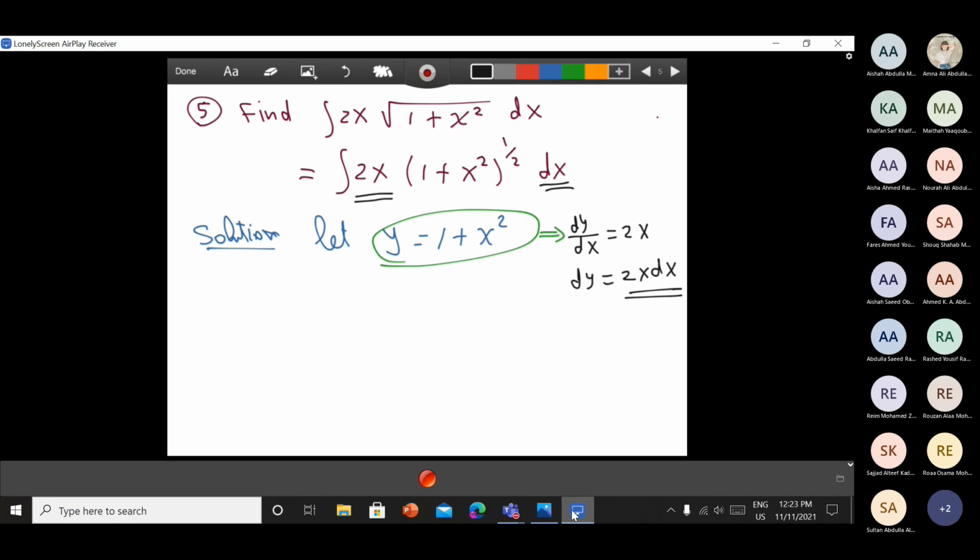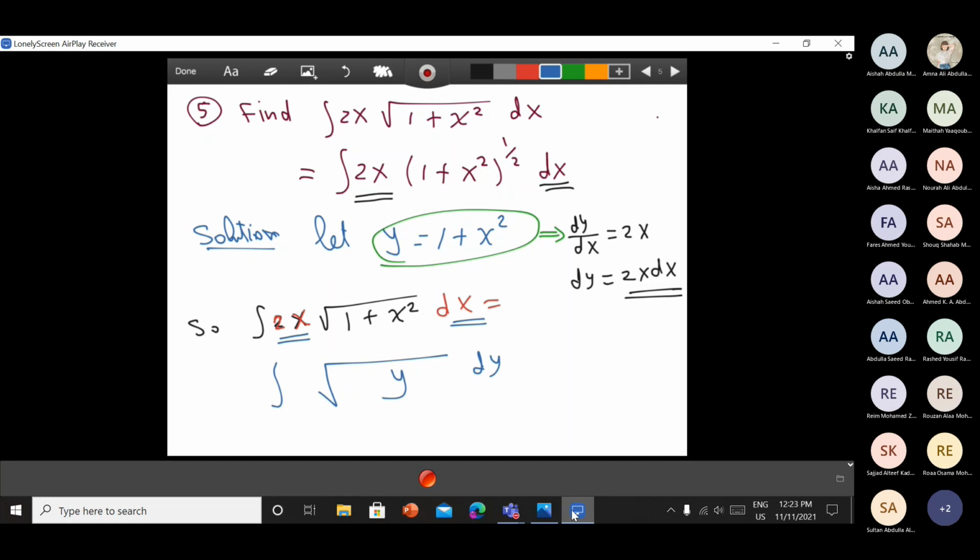So the integration of 2x root square of 1 plus x squared dx will equal what? This 2x dx is just dy. And this one will be the root square. 1 plus x squared is y.